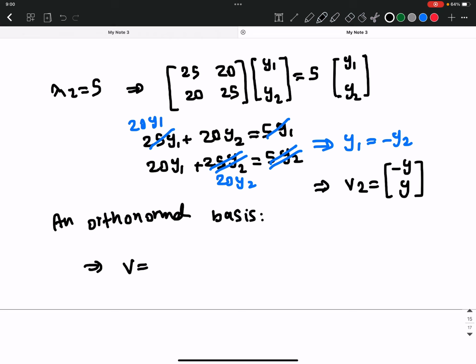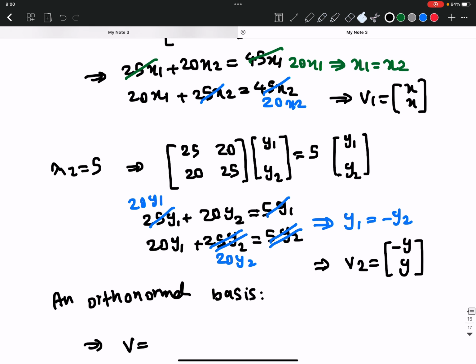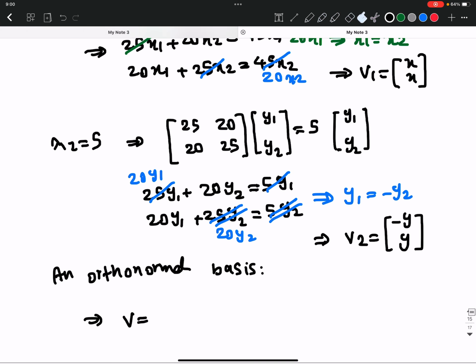So the vectors that I am going to choose are as follows. So V1 should be normal. So if I choose 1 and 1, let's say x equals to 1, then I need to divide it by the square root of their magnitude, so it becomes orthonormal. So for V1, I choose 1 over square root of 2.